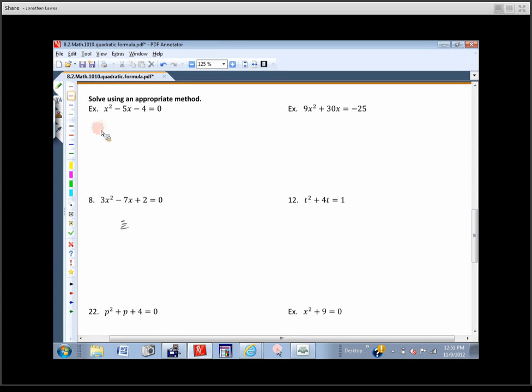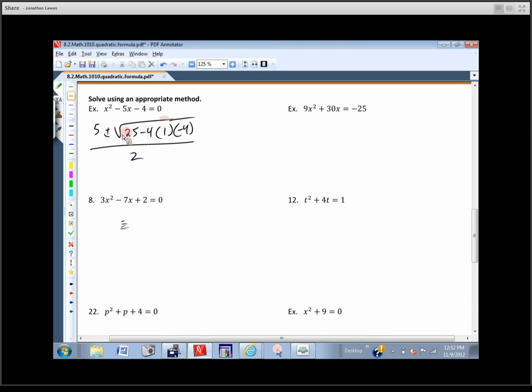So that's going to be 5, opposite of 5, plus or minus, there's the b, square that. So this is going to be 25, minus 4 times a times c. Please don't skip that step. All over 2 times a, so that's going to be a 2. A is 1, c is negative 4. And again, please do the arithmetic up here.